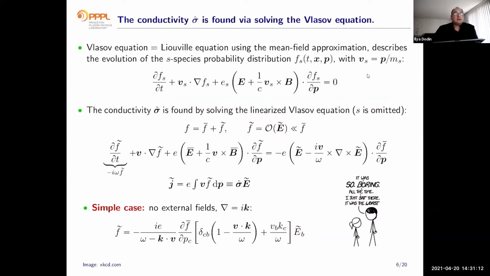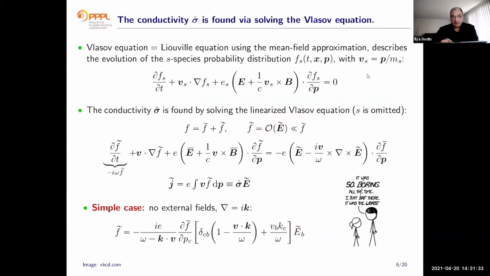And then waves are typically weak. So how you solve it: you say my distribution function for each species will be an average distribution function plus small fluctuations, and these small fluctuations will be of the order of the electric field. And I will linearize this equation, and I will get an equation for F tilde.